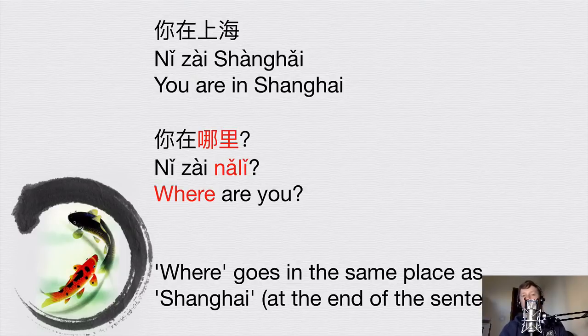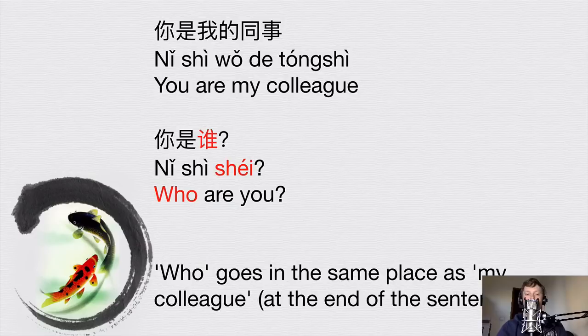Okay, so who? Now we're moving on to who. Here's a statement. 你是我的同事. You are my colleague or you are my co-worker. And so the who would go in the same place as the colleague, which is the end of the sentence. So to ask who are you, we would say 你是谁?